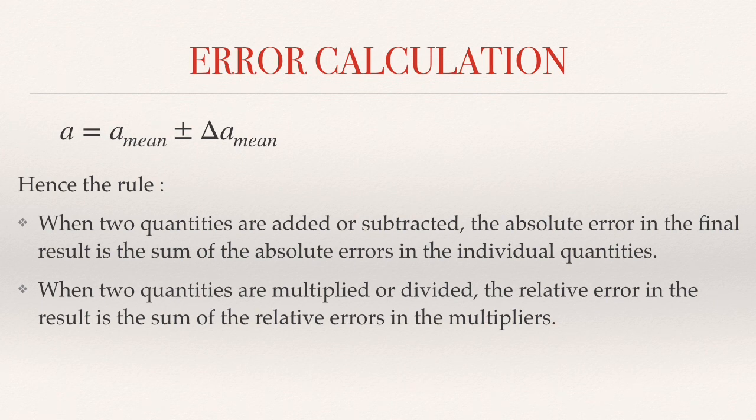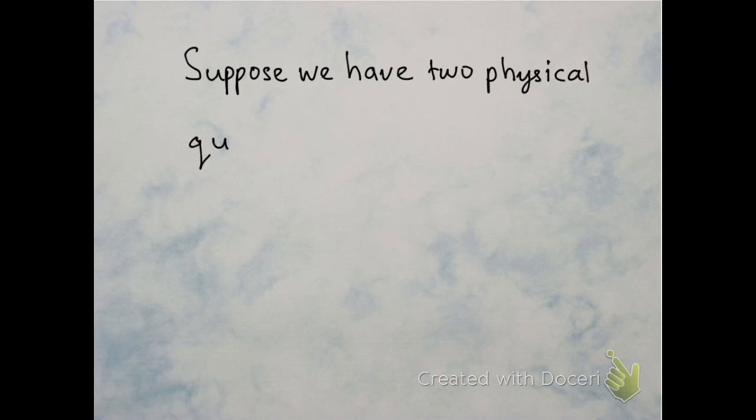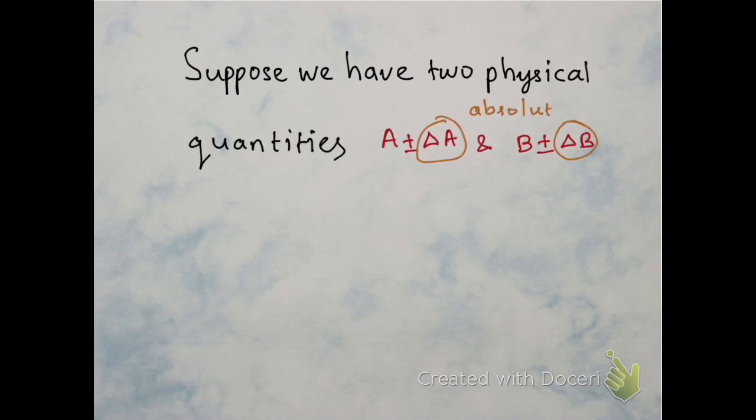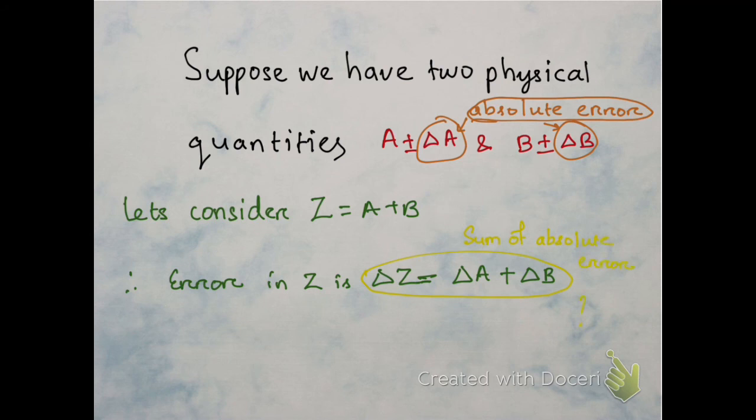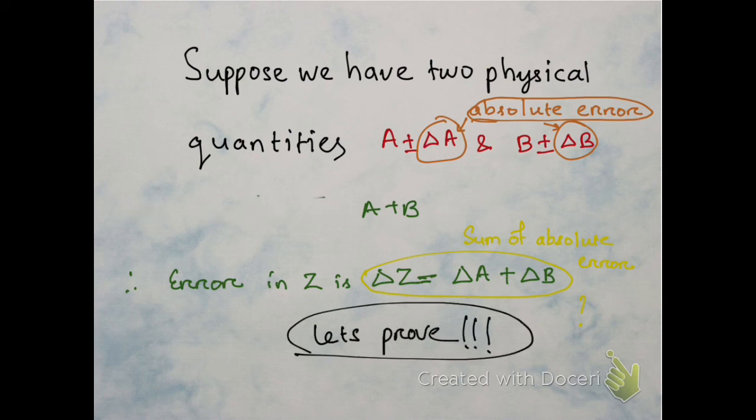So let's analyze it. Suppose we have two physical quantities, A and B, which have absolute errors delta A and delta B. Let's consider Z equals A plus B, and the error in Z is delta Z, which will be the sum of the absolute errors. Let's prove this.